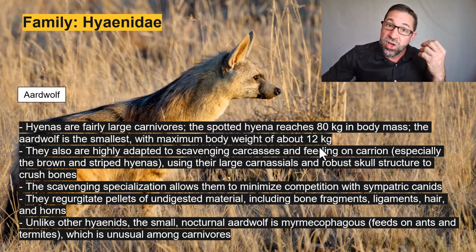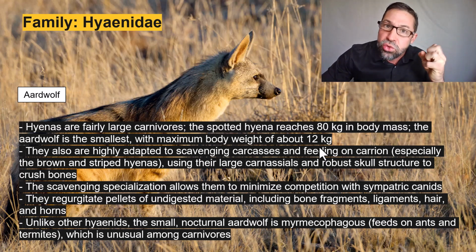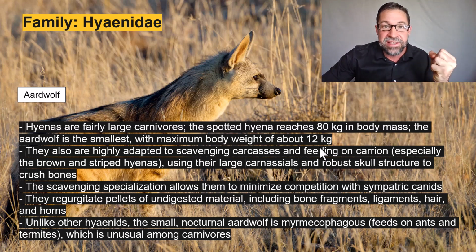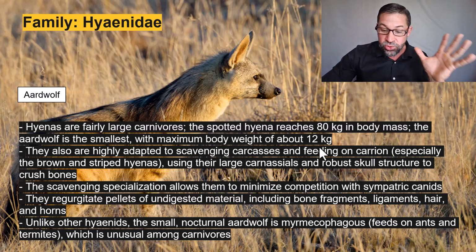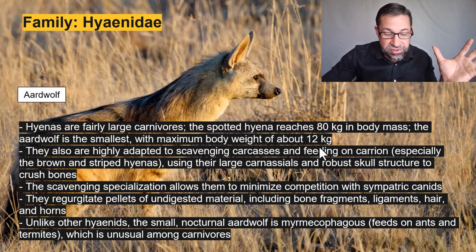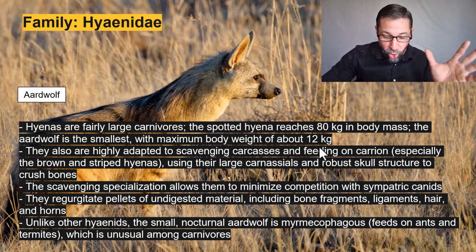So they use their large carnassials and that robust hyena skull structure to crush bones and access that fat and calorically rich marrow. Although morphological growth of spotted hyenas reaches a plateau at 20 months of age, their bite strength continues to increase until they are 5 years old.